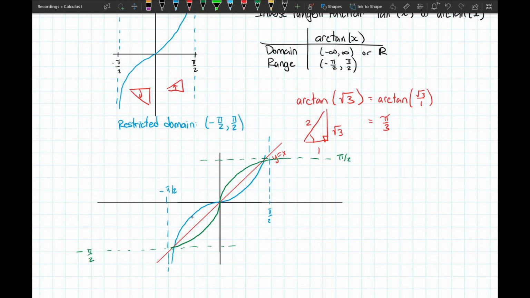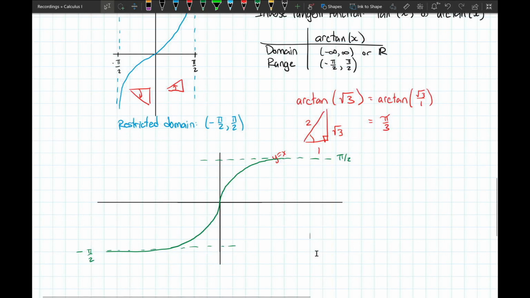So in the end, the blue curve we can get rid of, and then take a look at the overall shape of our arctangent function. And there you go, it has that kind of shape. It's very similar to the tangent graph, but because it's been flipped over a diagonal line, those vertical dotted lines are now going to become horizontal dotted lines.